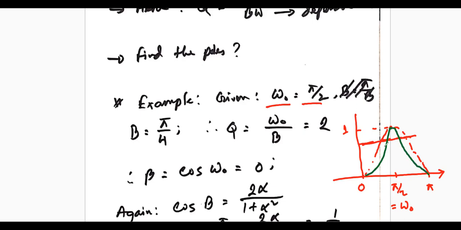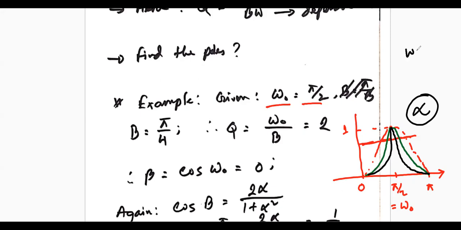That means you are squeezing the bandwidth. You might squeeze more by changing what? By changing the value of alpha, because as you know, the bandwidth depends on the value of alpha. So by controlling the value of alpha, you can control the bandwidth. What about the center frequency?